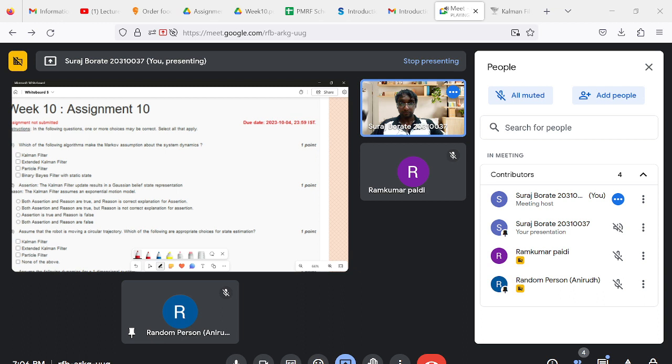Assume the following dynamics for a one dimensional system. My question to the learners was, can you tell me whether these equations are linear or non-linear? Hello, can you hear me?